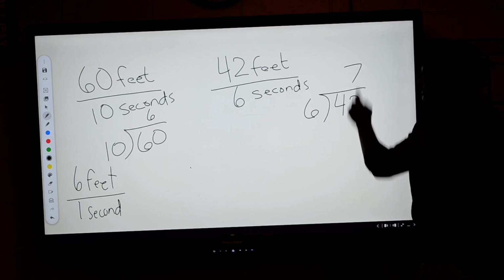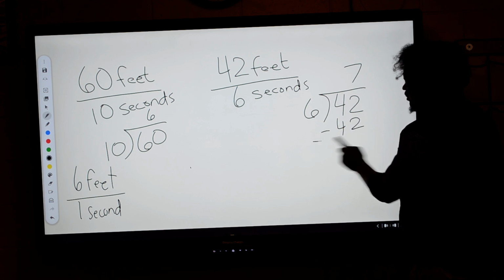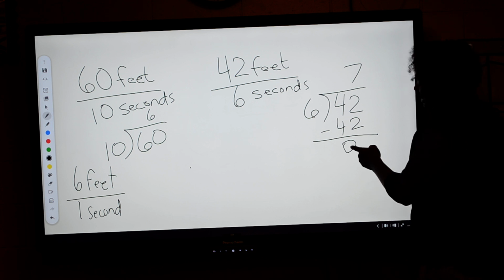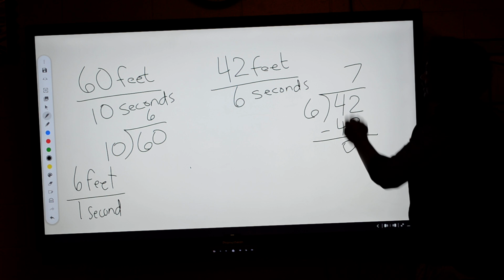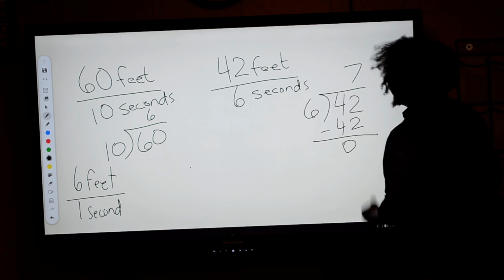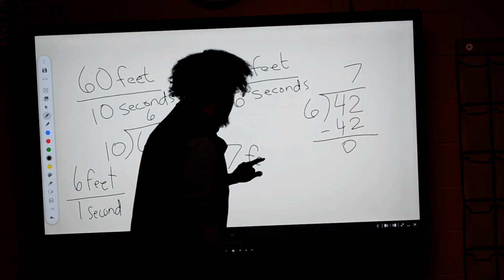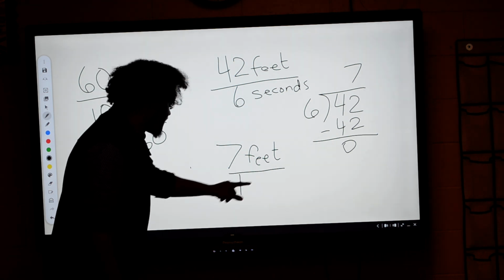And how do we check it? 7 times 6 is 42 exactly. And we subtract. How do we know that we're done? Because we have 0 down here and we have no more numbers to bring down. All right? So 42 divided by 6 is 7. So this person can go 7 feet in 1 second.